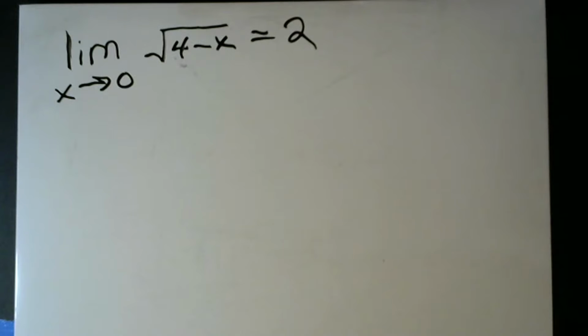So there's a little subtle trick with this one, and it's similar to the example where we had a value for epsilon.